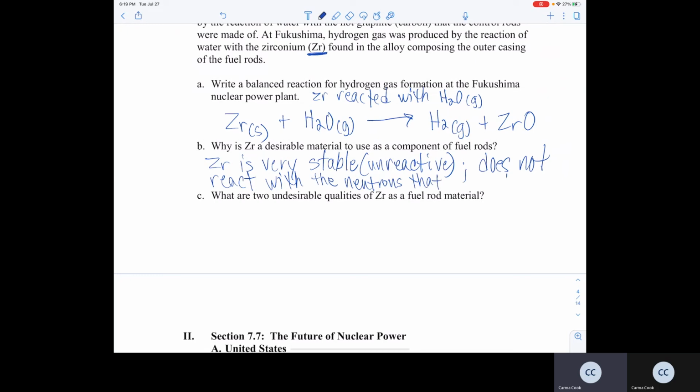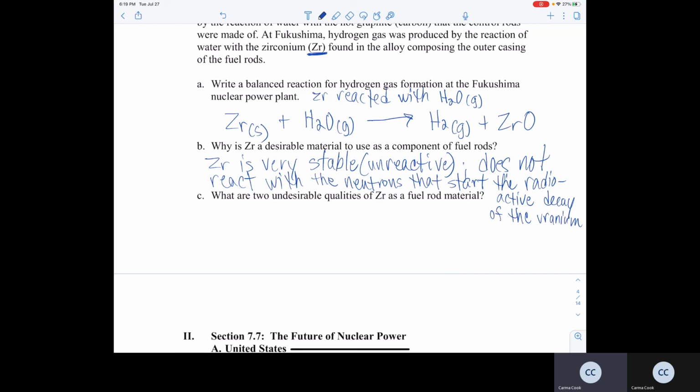And it's the neutrons that start the radioactive decay of the uranium. So only the uranium will react with the neutrons that are bombarded into the nuclear reactor. The graphite material does not react with the neutrons. So that's the good thing about the zirconium.